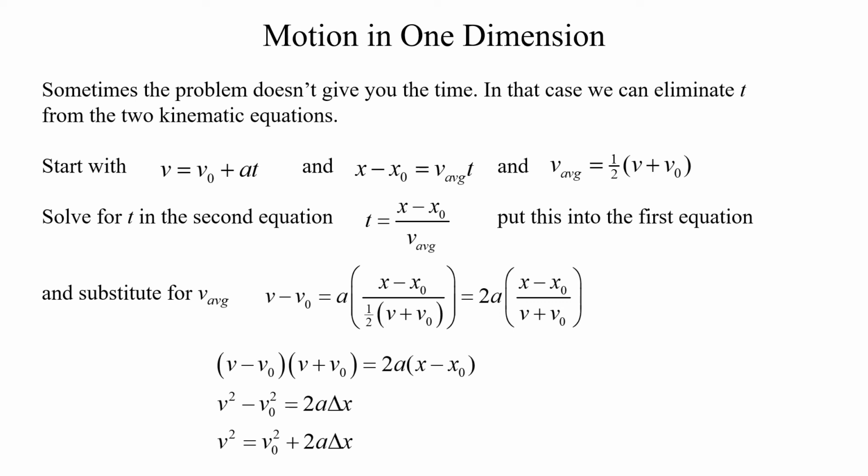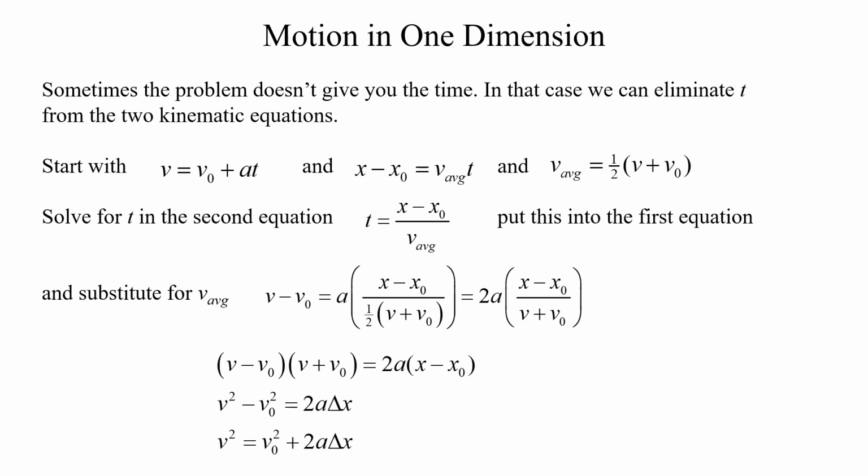Now, it's not necessary to use this equation. As I said earlier, our position as a function of time and velocity as a function of time, those two equations can solve all of our one-dimensional motion problems. It's just that when you're given a problem that doesn't have the time in it, you have to do an extra step, because first you have to solve for the time, and then you have to do another step to find the unknown quantities.